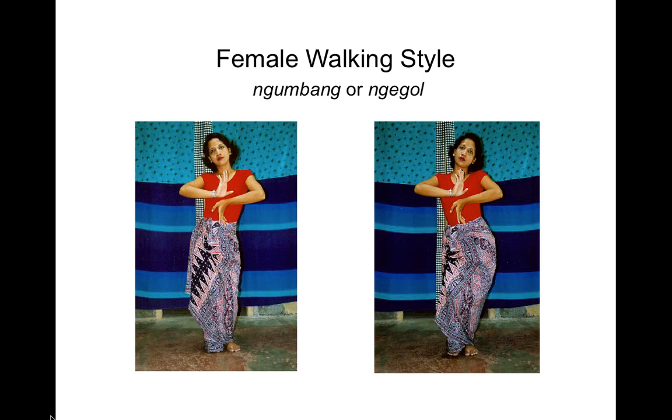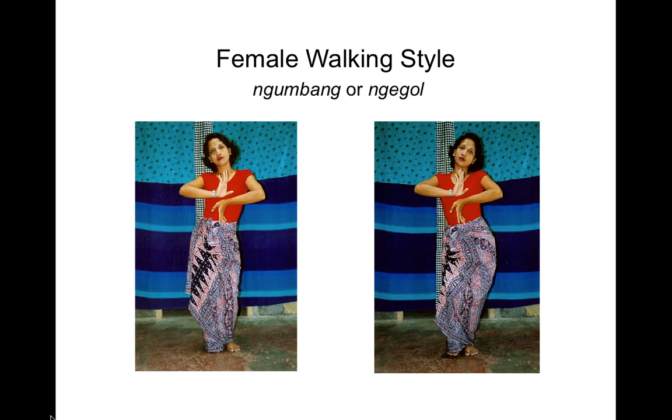And this involves a swaying of the hips stemming from the knees, and as you then lift your feet slightly with each swing of the hips, the head also tilts from side to side. The knees are bent, and then this allows the dancer's body to be lower towards the ground, which is the preferred performance aesthetic.